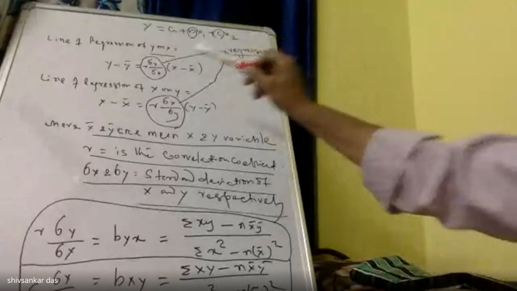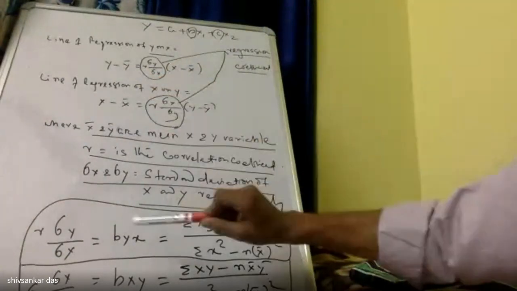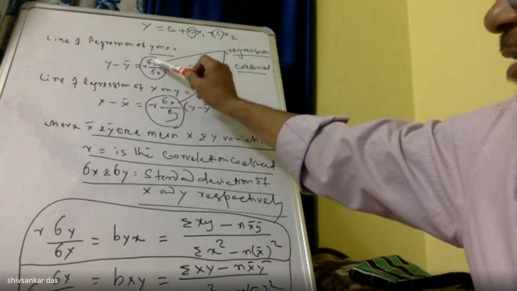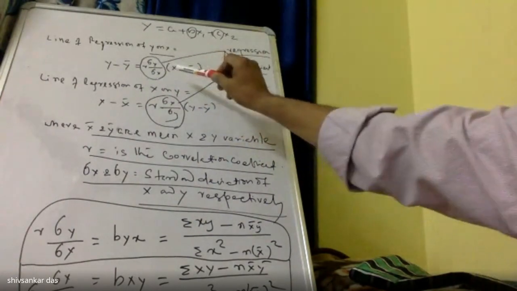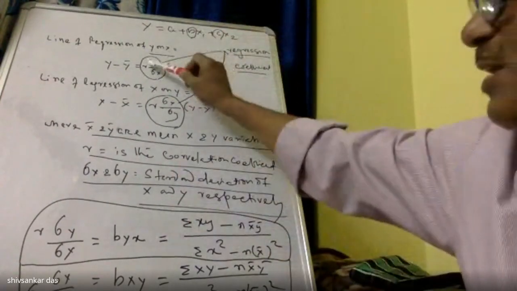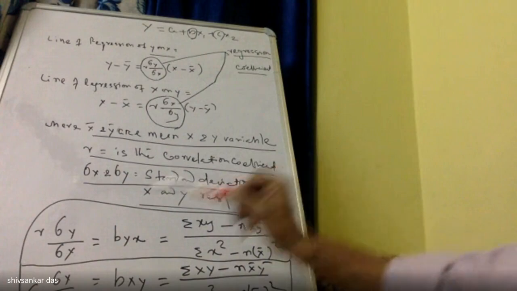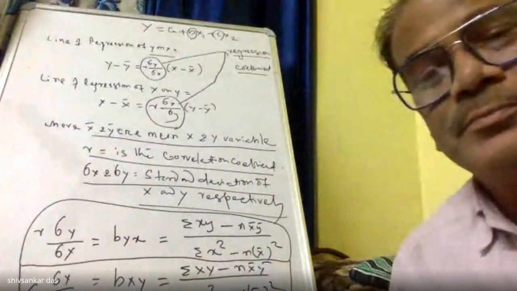Mean, correct. So y minus y bar is equal to r into sigma y by sigma x. Who can say what is r? Sir, coefficient of correlation.